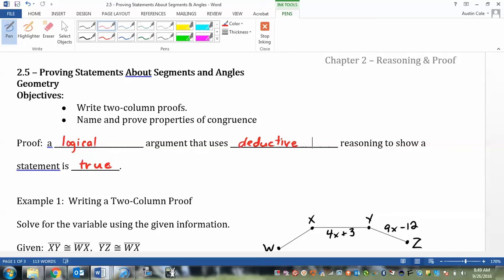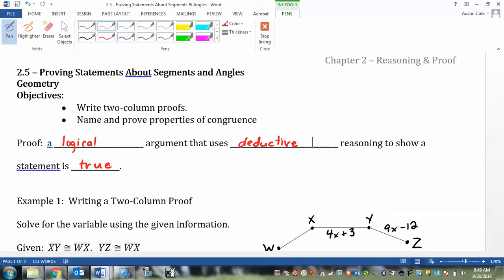Okay, we've talked about inductive reasoning. What's inductive reasoning? Turn to someone next to you. What is inductive versus deductive? Go.